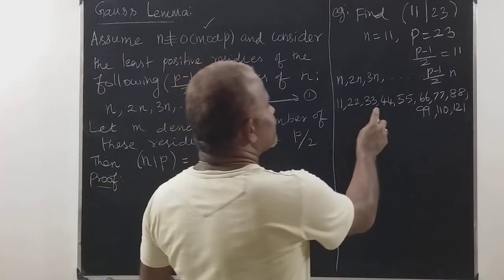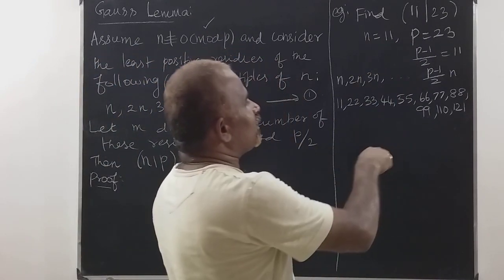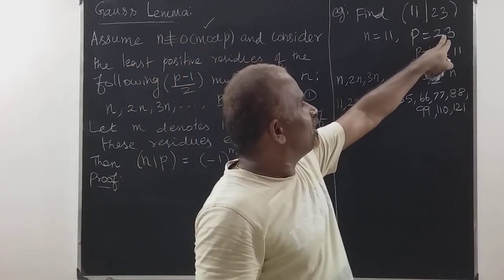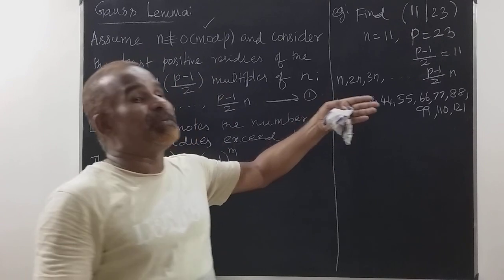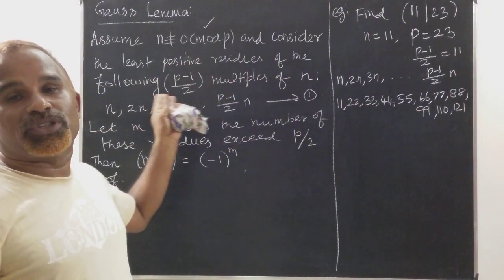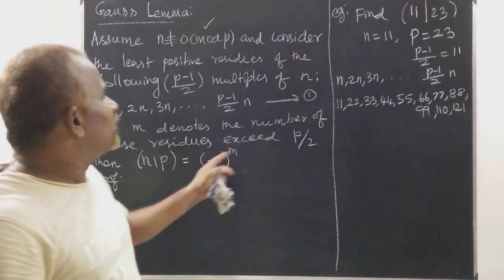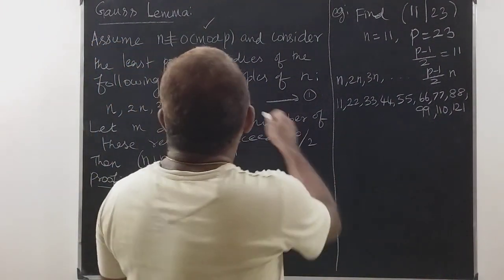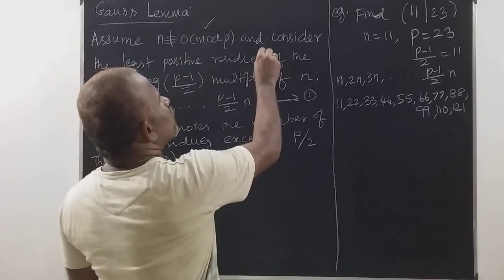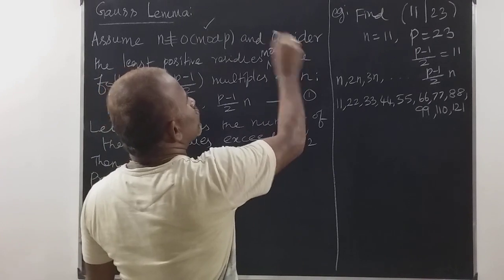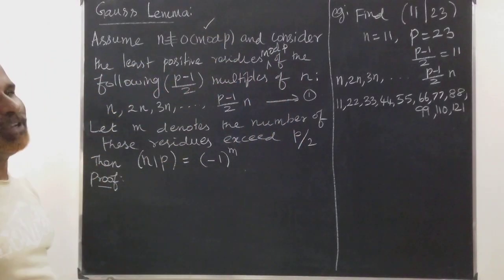Residues mod 23 means we divide each number by 23 and take the remainder. That is nothing but the least positive residue mod 23.